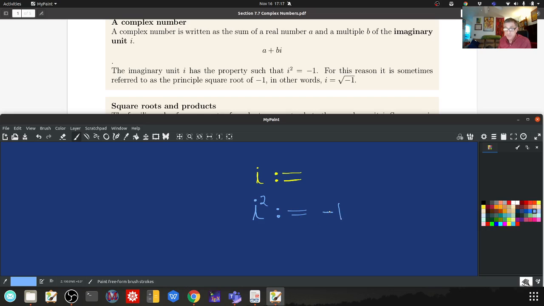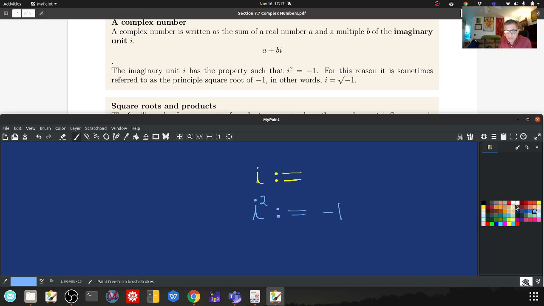And that should make it clear to you that i itself cannot be a real number, because any number multiplied by itself is always positive or 0. 0 times 0 is 0.